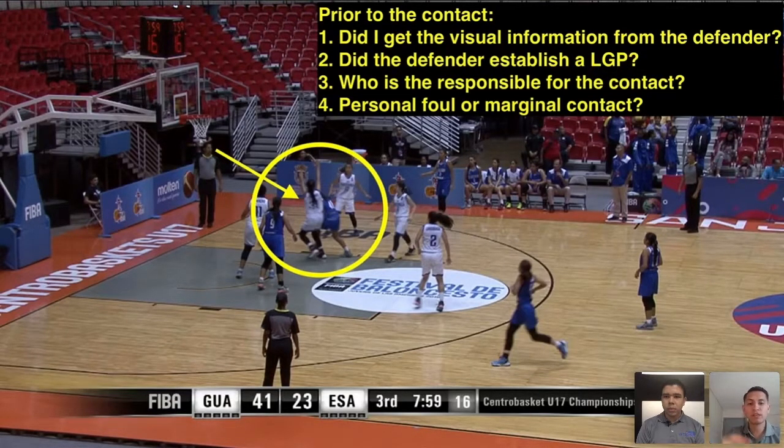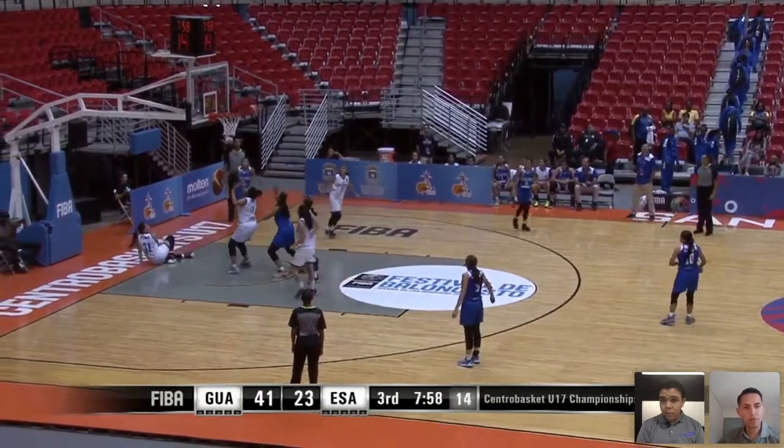So all these facts are what we need to have every time that we have a play, and this is going to be all the game. Where the play is coming from, what can I do to help my partners, if the defender is in a legal guarding position, facing the opponent, and also who is responsible for this contact.